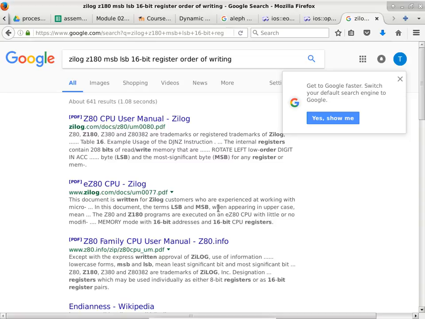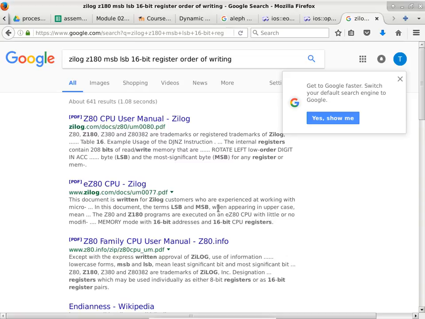Okay, so basically this is an 8-bit processor. And even though the processor is an 8-bit processor, some of the registers inside, some of the mechanisms inside are 16-bit wide. Okay, so how do you change a 16-bit thing when you can only write 8 bits at a time? Well, the answer is pretty easy. You write to either the most significant byte first, and then you write to the least significant byte, or you reverse the order, right?